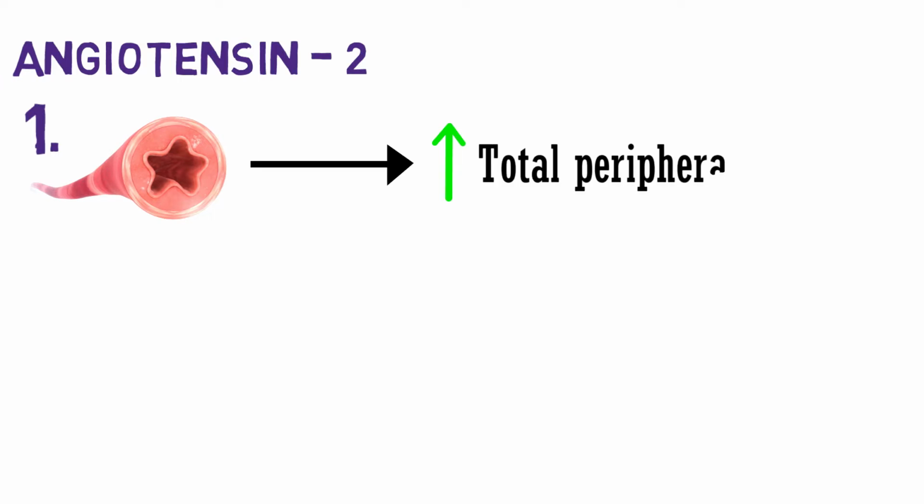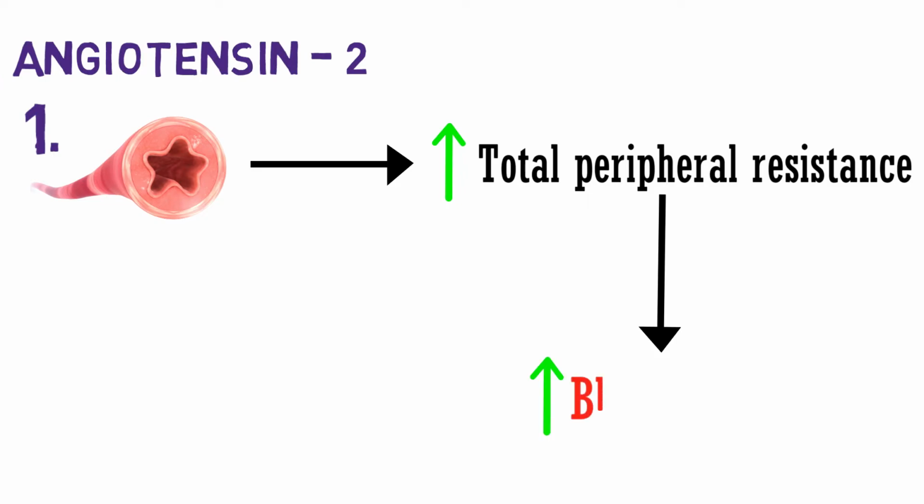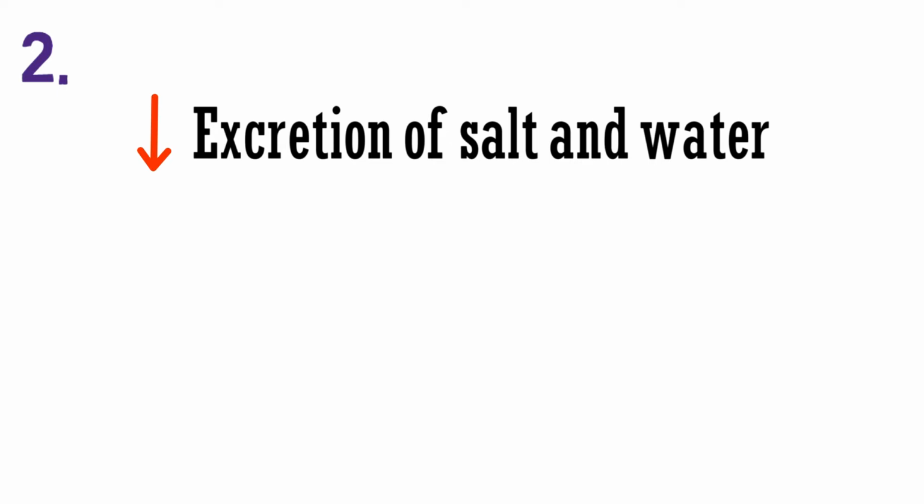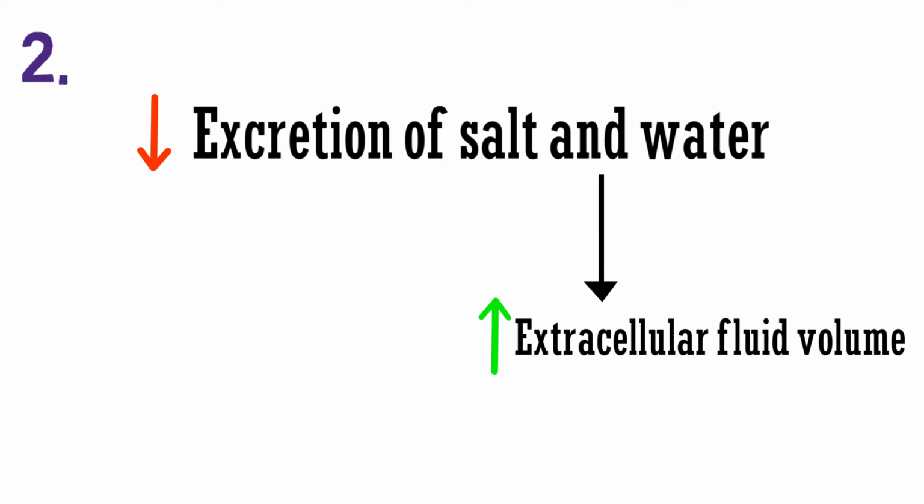This increase in the total peripheral resistance leads to an increase in the blood pressure. The second effect to increase blood pressure is through a decrease in excretion of salt and water. This results in an increased amount of extracellular fluid volume, and an increase in the extracellular fluid volume means an increase in the arterial pressure.